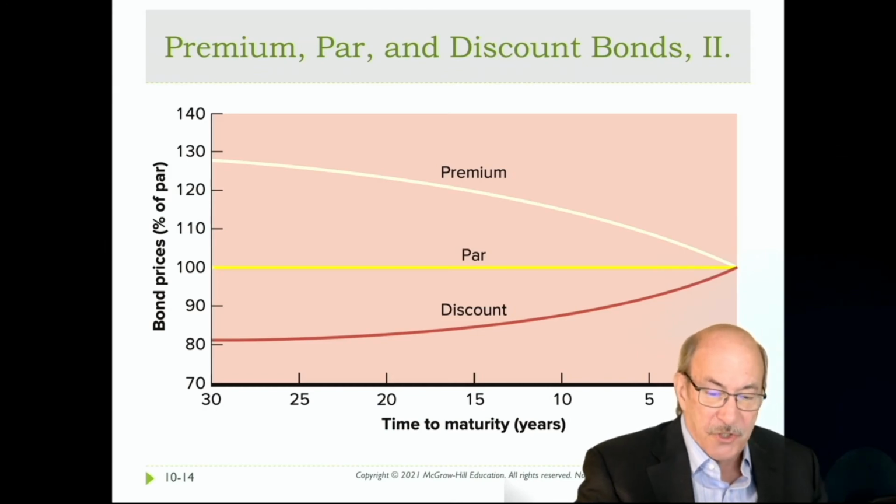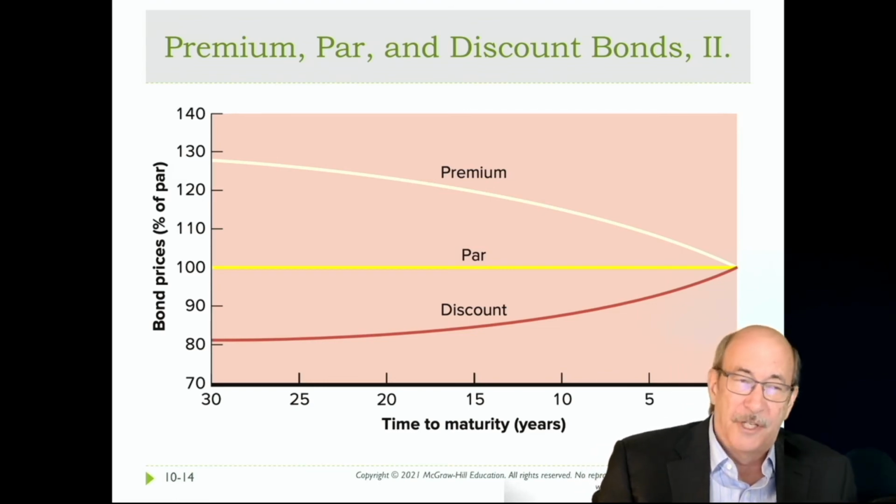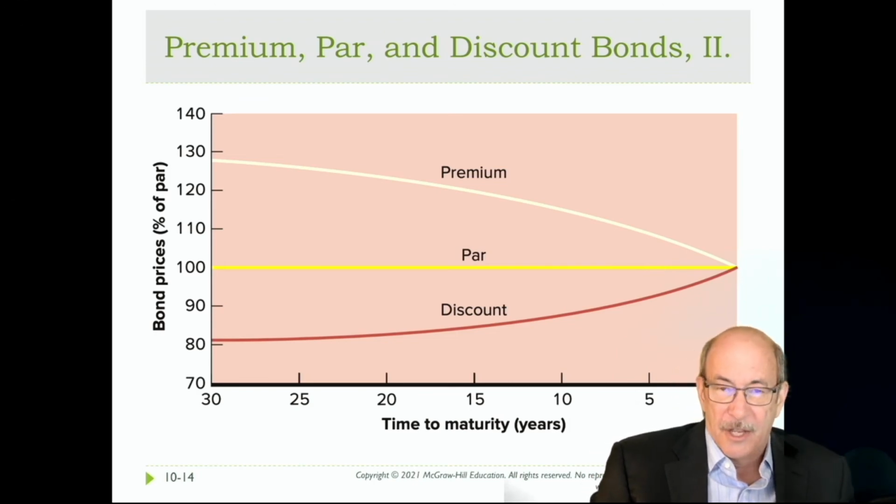Here's what happens to the price, and you'll see that very shortly we're going to be talking about Malkiel's theorems as they relate to price and yield of a bond and time to maturity, things of that nature. I'm going to describe in words what this graph shows us in a picture.